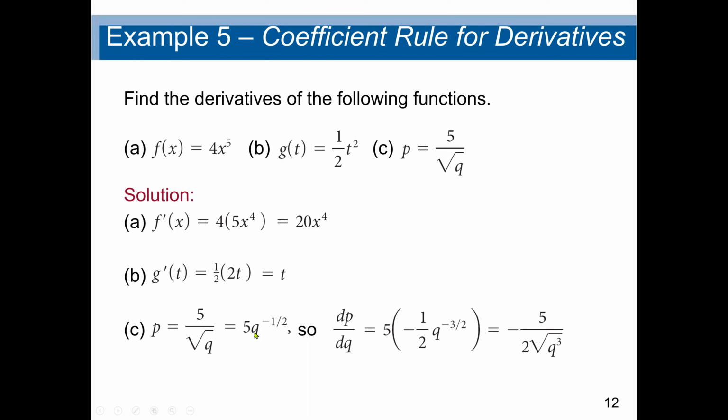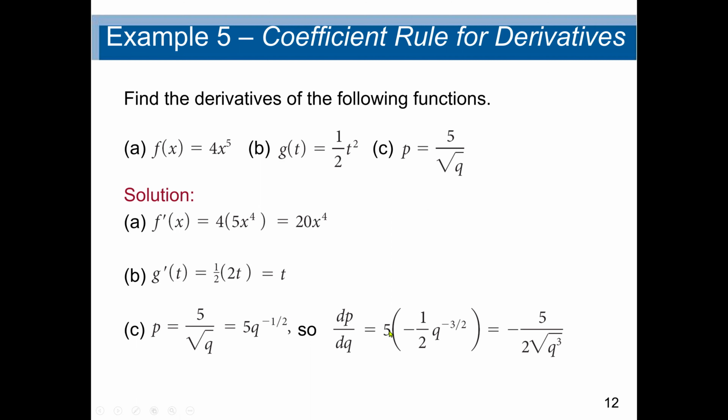So the derivative of q raised to the power half will be negative half times q to the power negative half minus 1, which will give us negative 3 by 2. And that's what we have here.